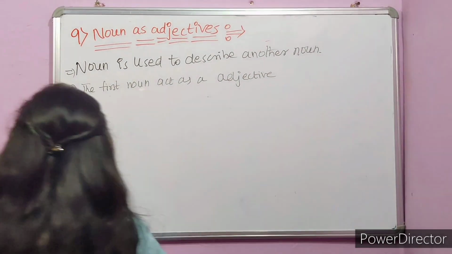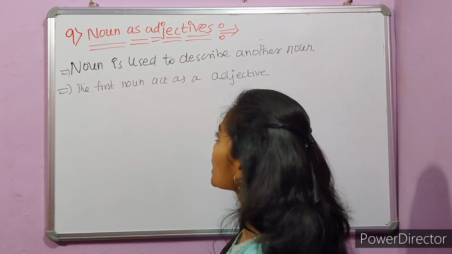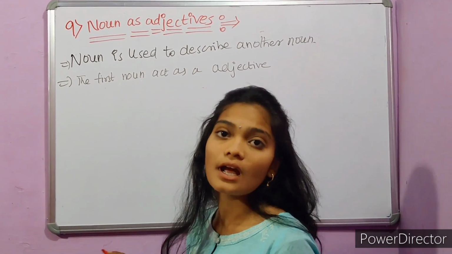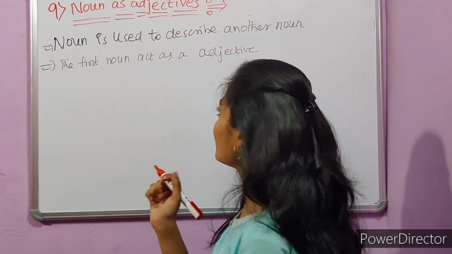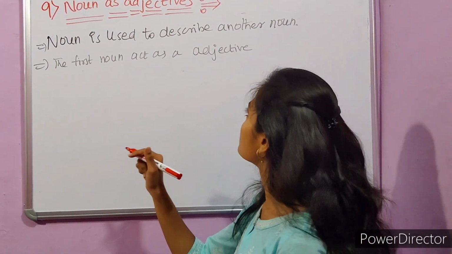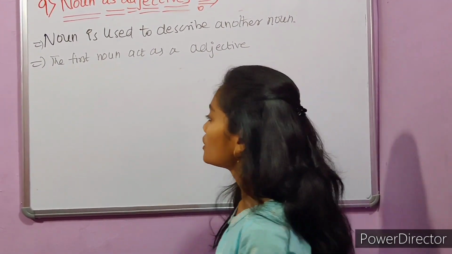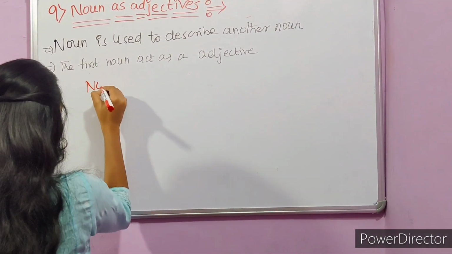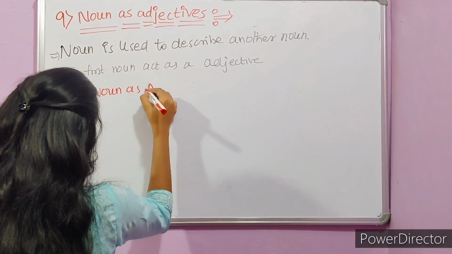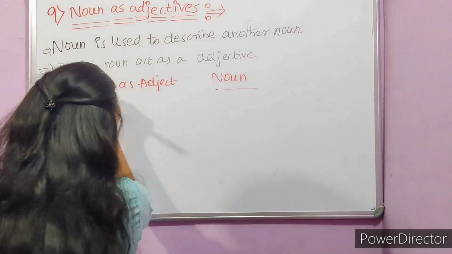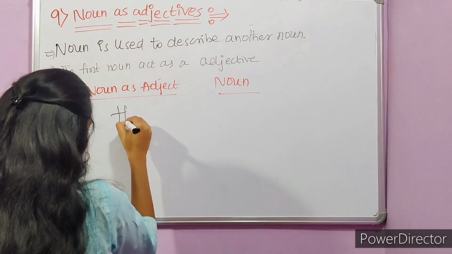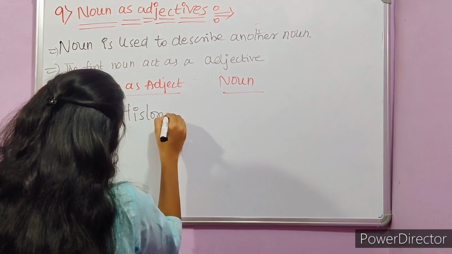Here, noun as adjectives means two nouns are present and one noun is used to describe another noun. Whatever the first noun that is present is known as an adjective. For example, noun as adjective, noun, history teacher.